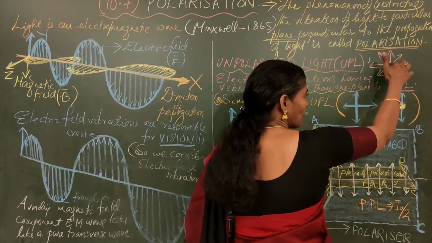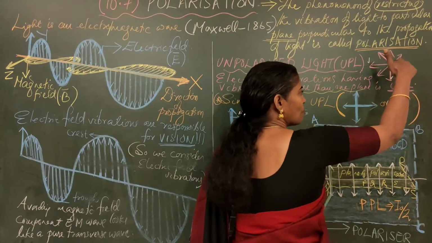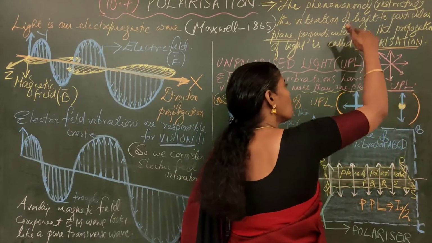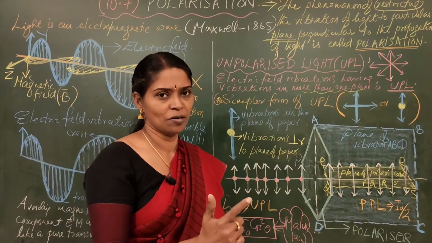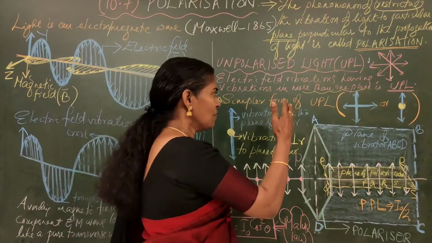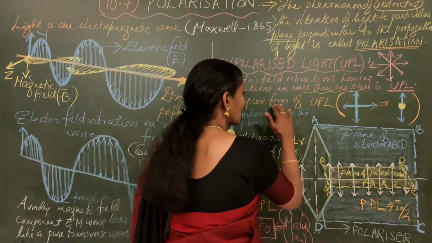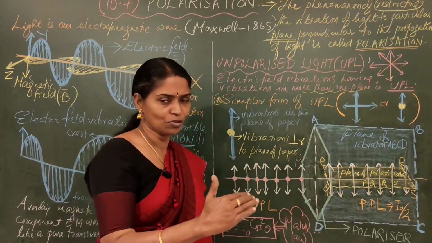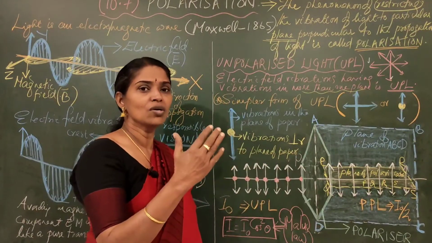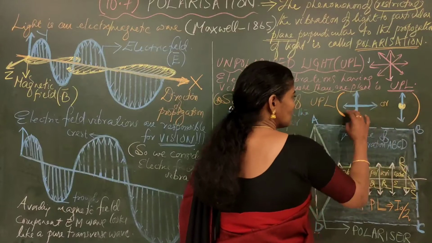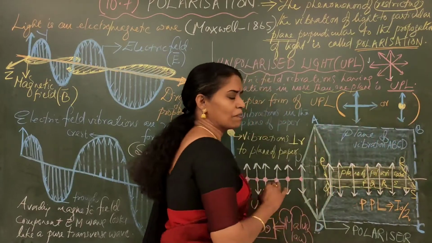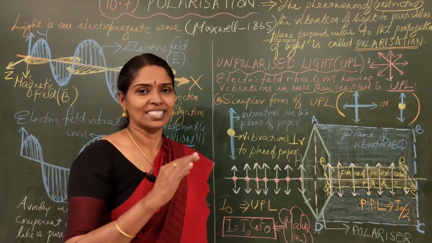If this is the direction of propagation of the light, then perpendicular to this, all directions are possible. But in textbooks, wherever you see it, unpolarized light has a simpler representation.